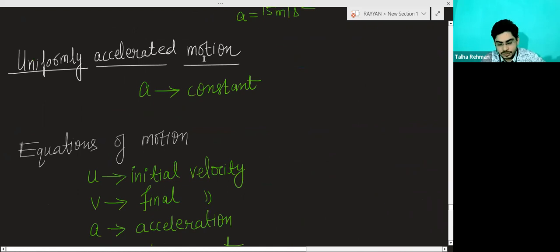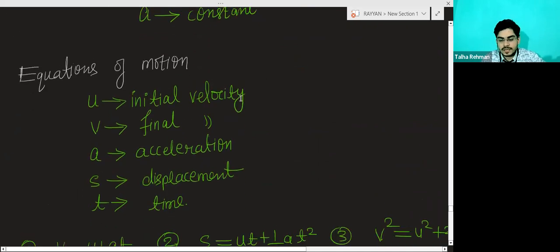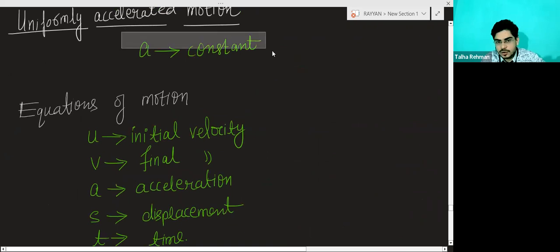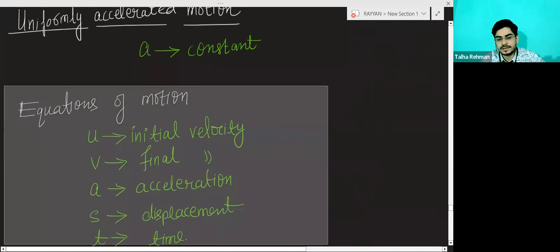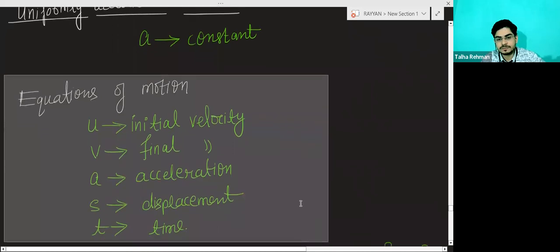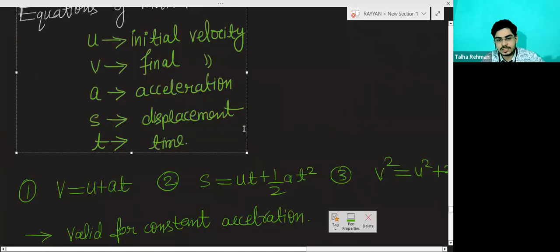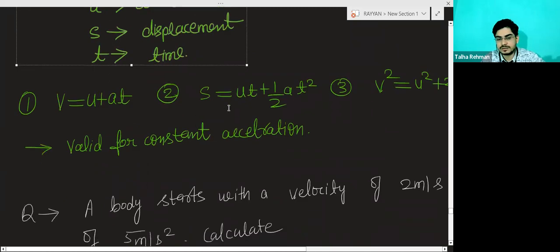Acceleration is constant, and if the acceleration of any motion is constant, the equations of motion are valid. These three equations of motion are valid for that.